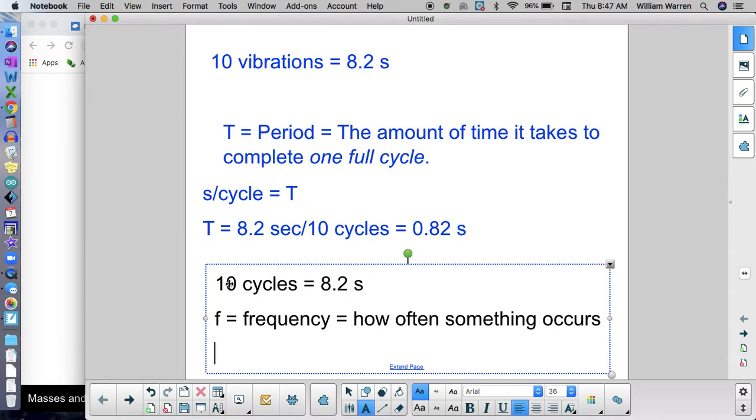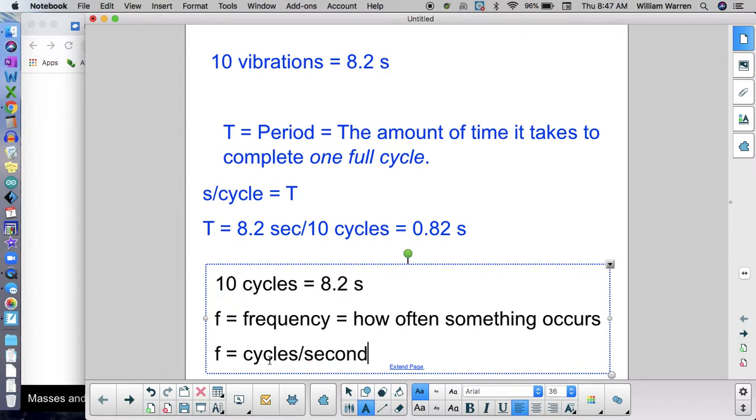The frequency is how many cycles, in this case, happen every second, right? So the frequency here is going to be defined not in terms of seconds per cycle. That's how long it takes, the number of seconds for one cycle. That's the period. But instead, it's cycles per second. That's frequency.